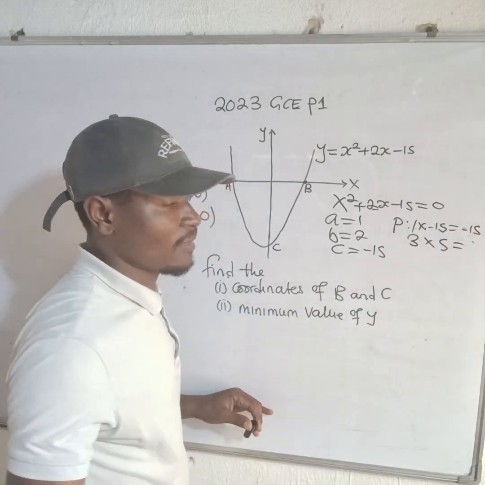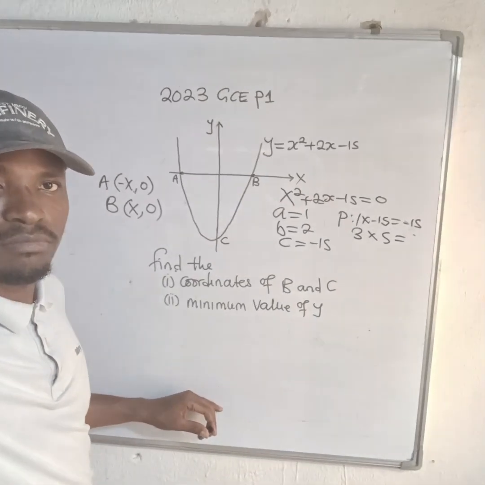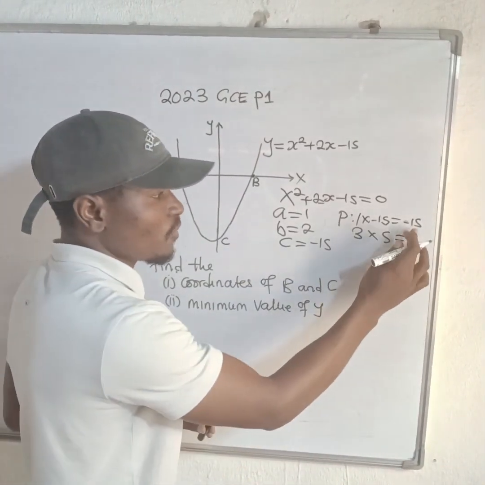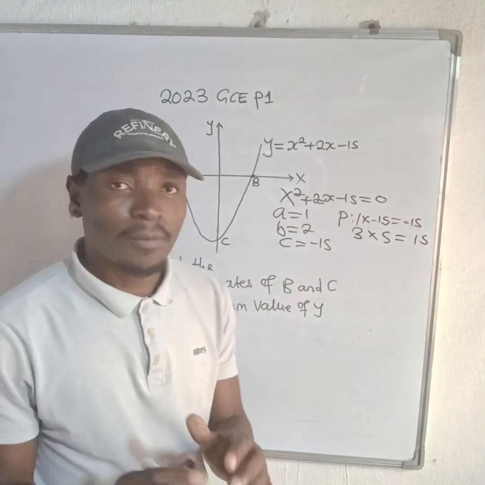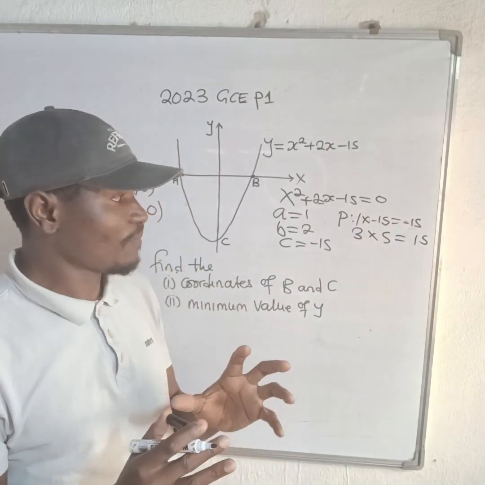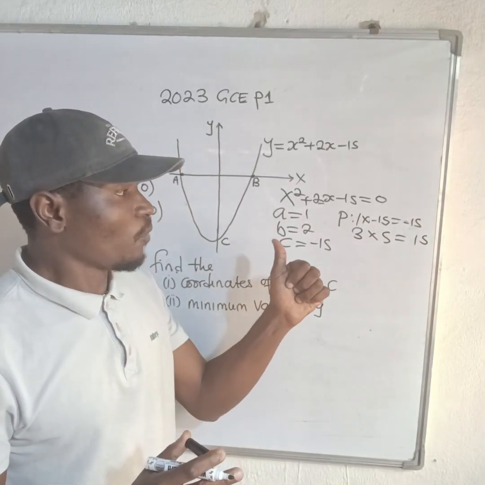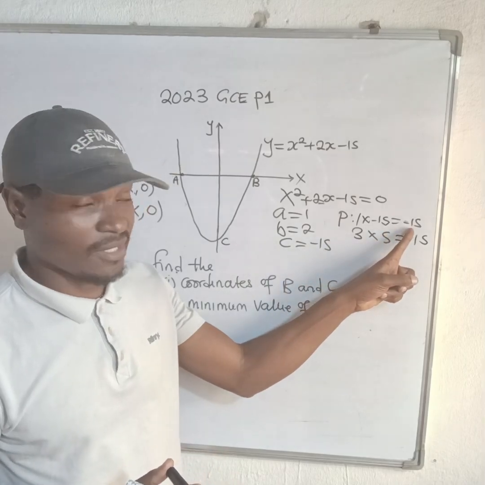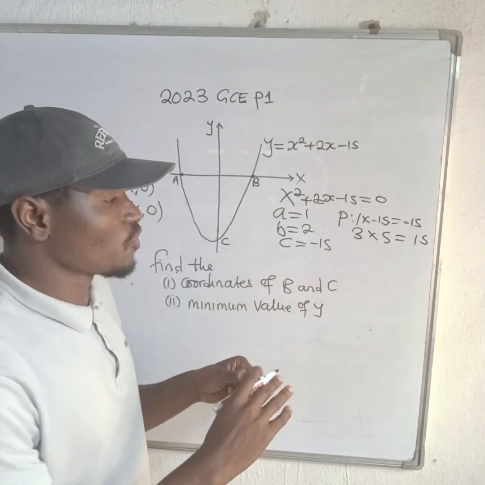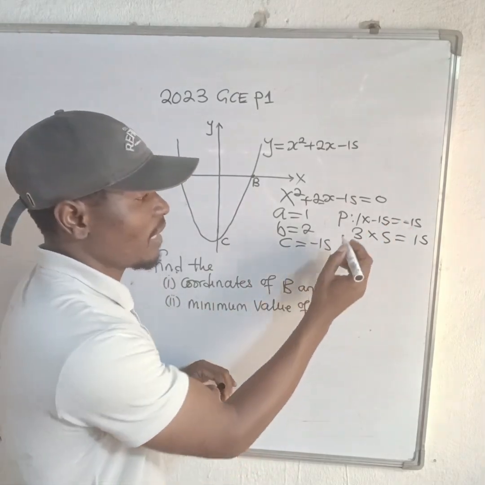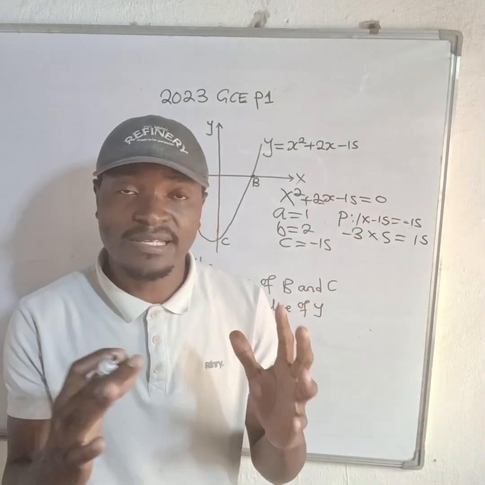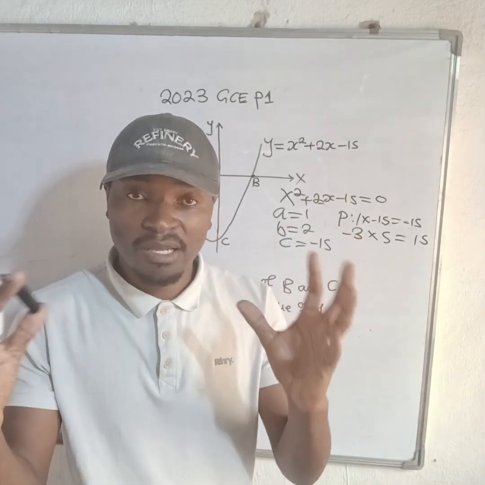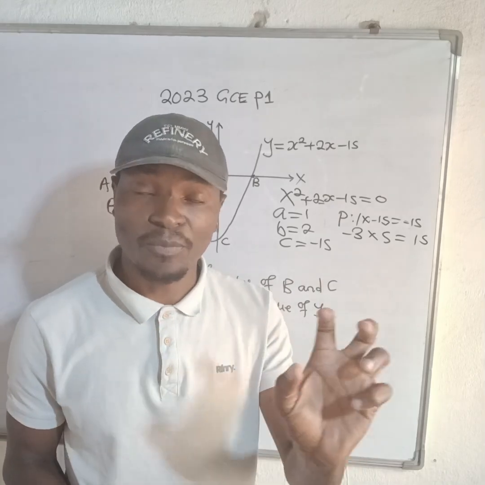So the two numbers are 3 multiplied by 5, which gives 15. But we want the answer to be negative 15, so we take the smaller number as negative, because 5 plus negative 3 gives positive 2.